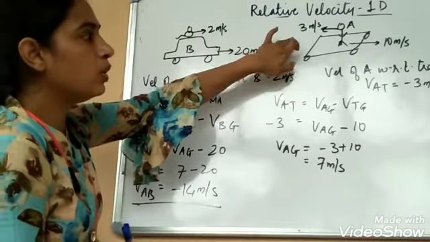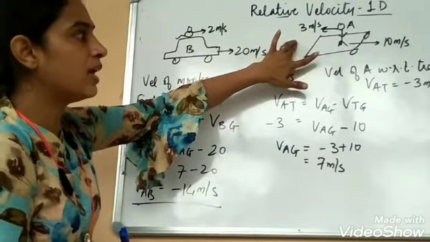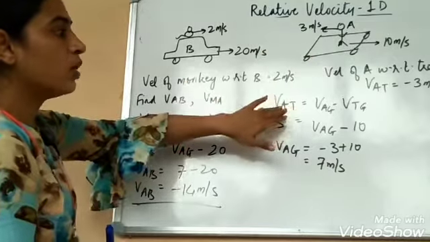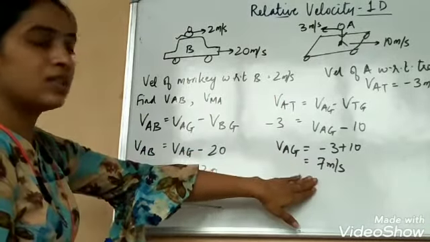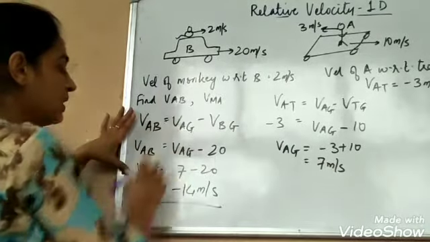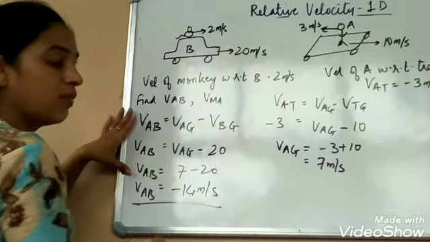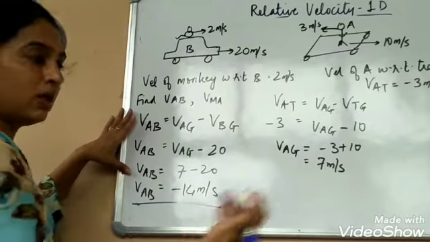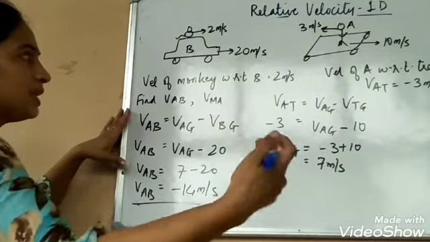With respect to the trolley, velocity of A is 3, but velocity of A with respect to ground is 7 meter per second in the forward direction. So B sees A as moving with a velocity of minus 14 meter per second, that is B sees A coming towards him, right?